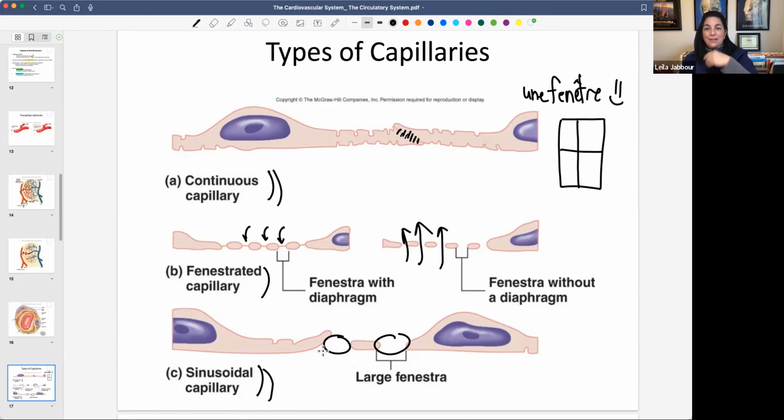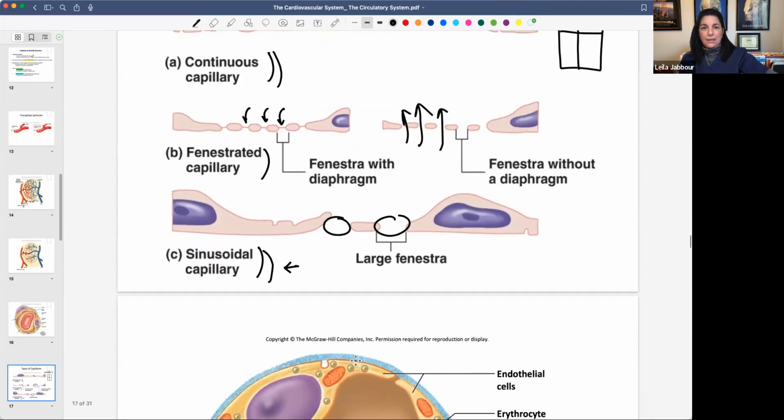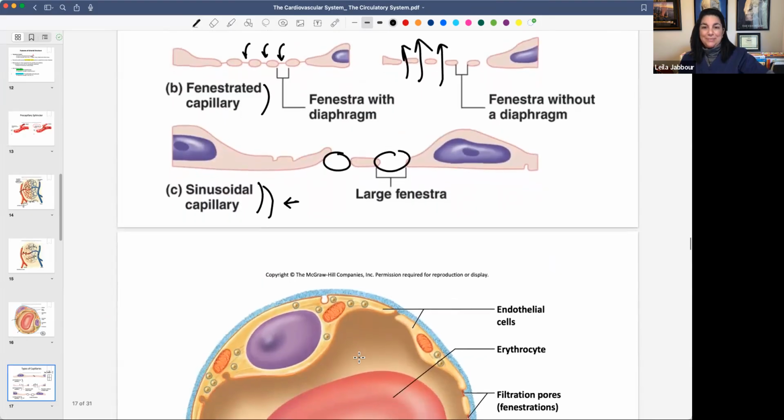It's bigger, right? A sinus is an opening, and it's definitely bigger than a fenestration. Yes. So actually, you will see an example of fenestrated capillaries in kidneys.